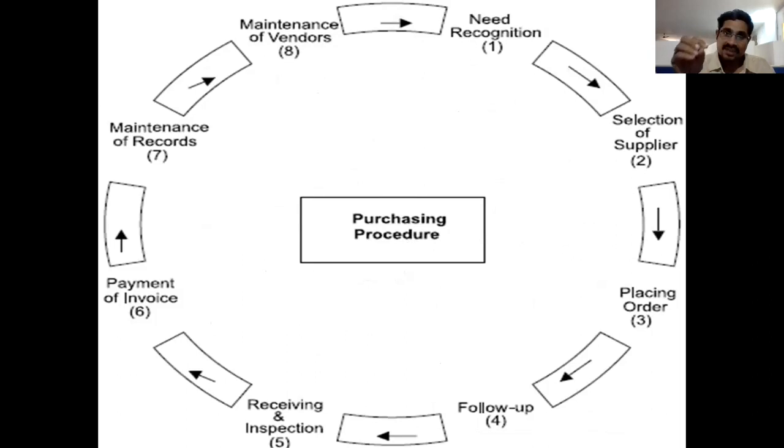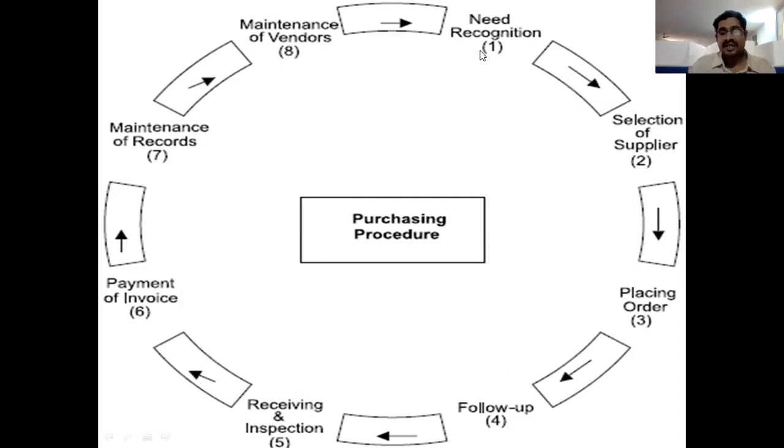So, in-time delivery to the customers and continuous production, we need to arrange the materials. Based upon that arrangement, we need to purchase materials from the suppliers. Purchasing materials from the suppliers, that process is the purchasing procedure.